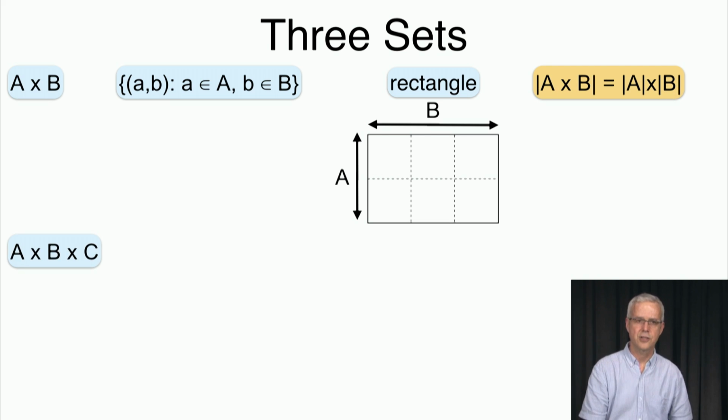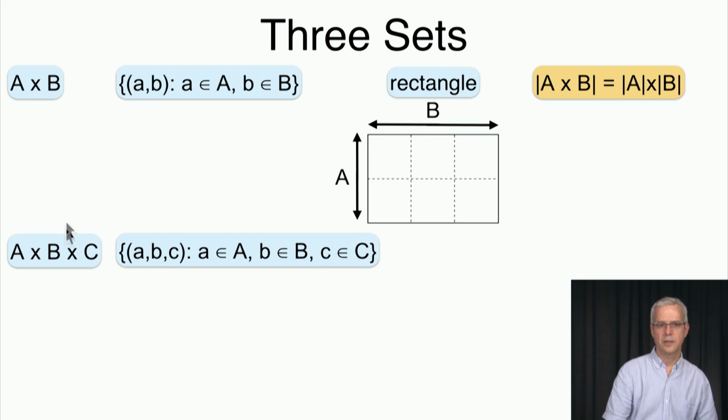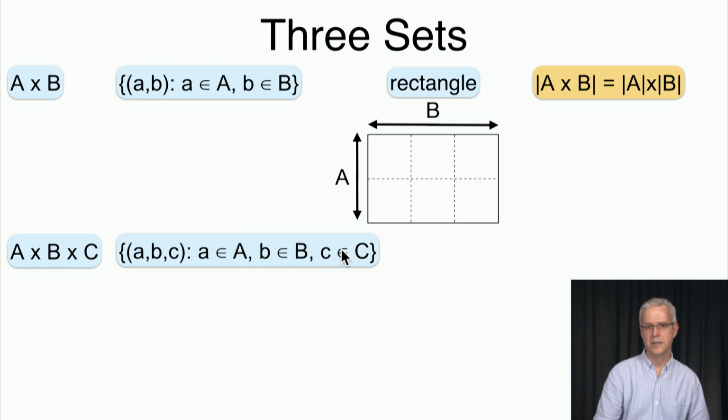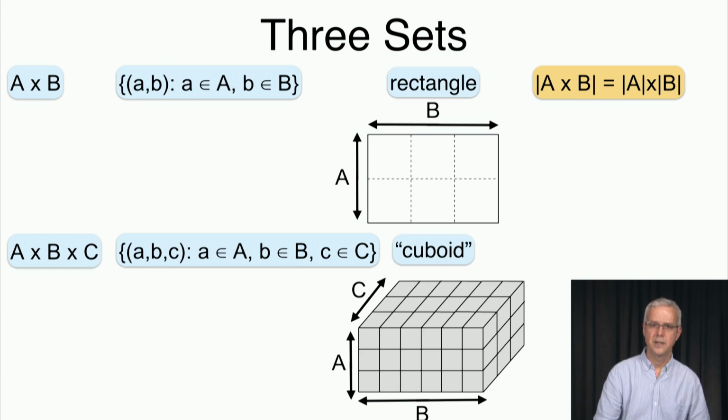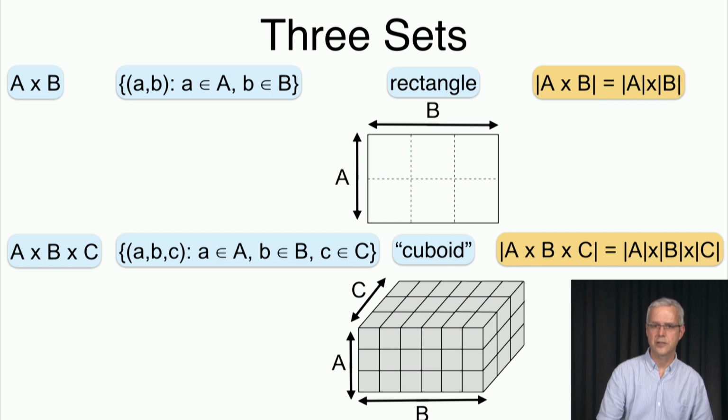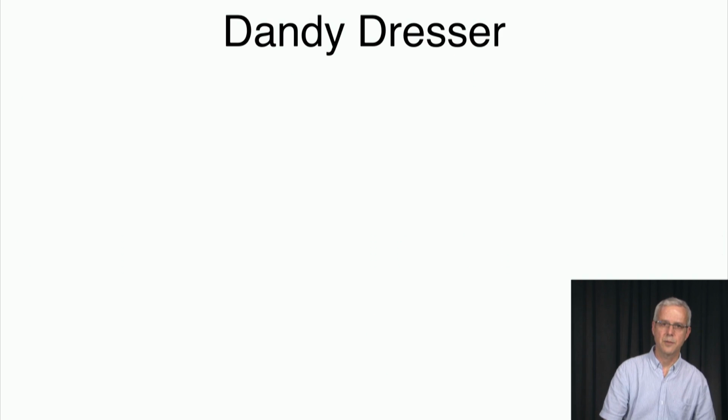If we have a Cartesian product of 3 sets, it's the collection of all (a, b, c) such that a is in A, b is in B, and c is in C. And that will, instead of a rectangle, give us a cuboid, something that looks like that. And the number of elements there is the size of this Cartesian product. It's the size of A times the size of B times the size of C. Okay, so let's see an example.